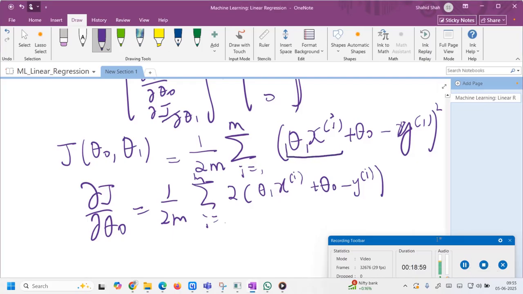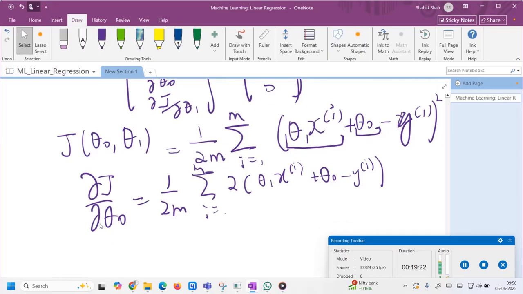Here xi is constant with respect to the derivative we are finding. I'm sorry, we have to find del J upon del theta 0. So theta 1 xi has nothing to do with this. Okay, so I will remove it. So this is the derivative with respect to theta 0.